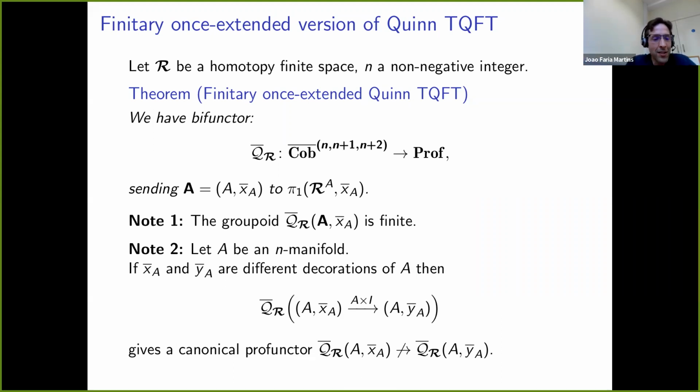And we didn't write down the relations properly, but there's a natural way to go from one into the other. But if you pass to the Morita version, this just says that there is a natural Morita equivalence between the algebras associated to one decoration and the algebras associated to another decoration.